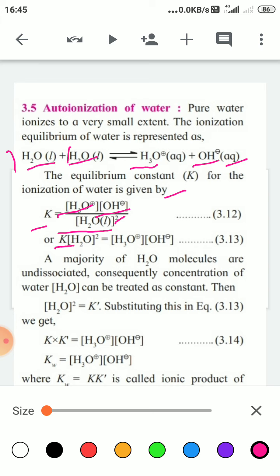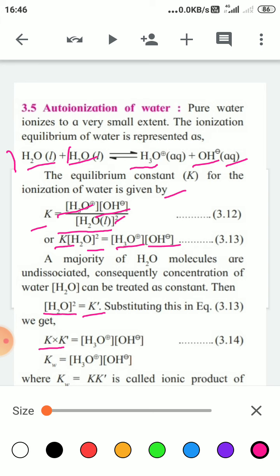become K into concentration of H2O raised to power 2 is equal to concentration of H3O plus into concentration of OH minus, and as we have considered here, concentration of H2O raised to power 2 is a constant, and if it is denoted by K dash, then the equation will become K into K dash.